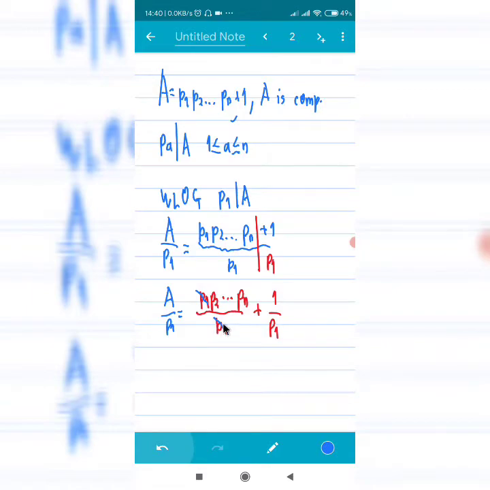This and this cancel very nicely, so we have A over P1 equals P2 times P3, the product of all primes except P1 because we cancelled that out, plus 1 over P1.